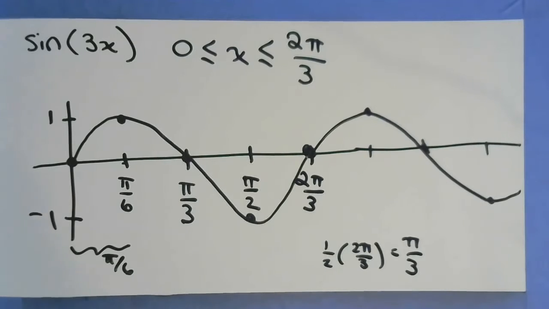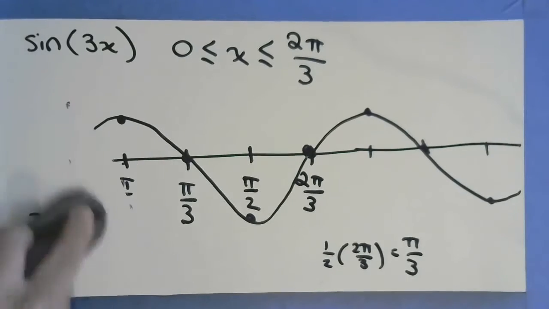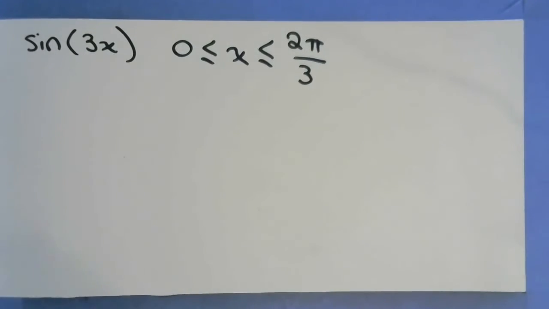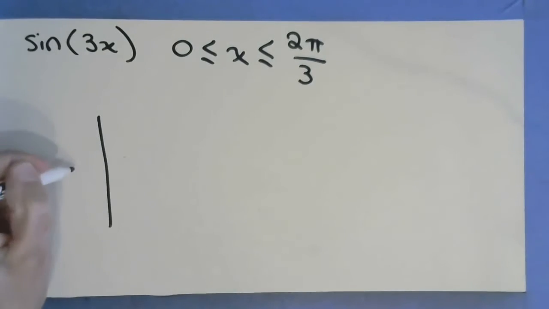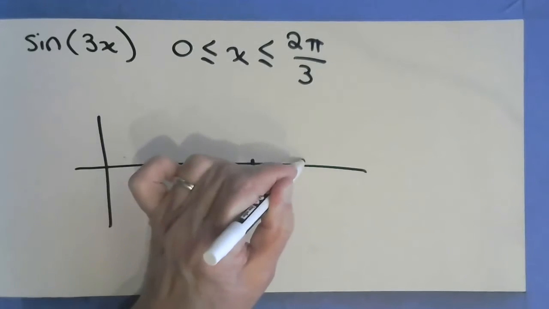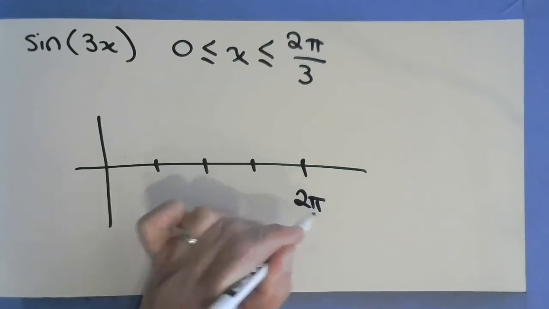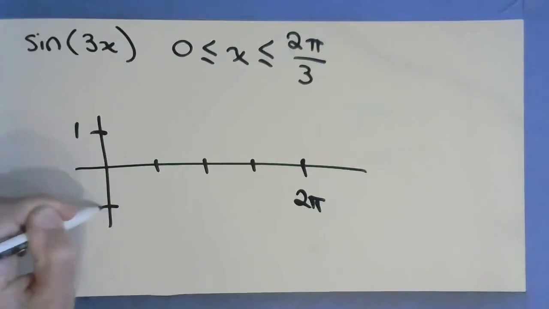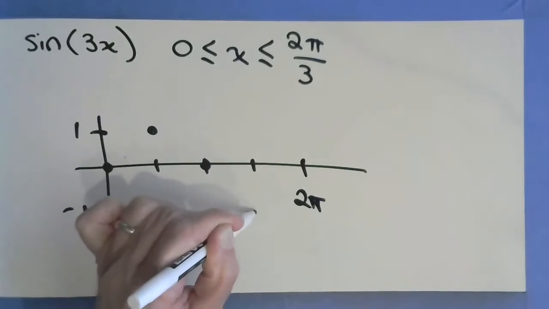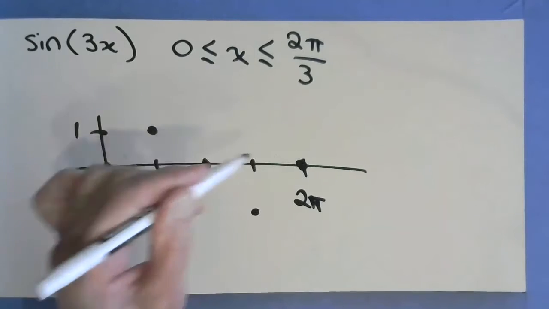And I like to show my students this. I say, look, what if I want to show, let's say I have sine here, 2, 3, 4, 5, and this is sine 1 and -1, 0, 1, 0, down, 0.